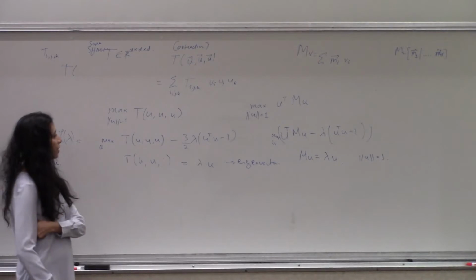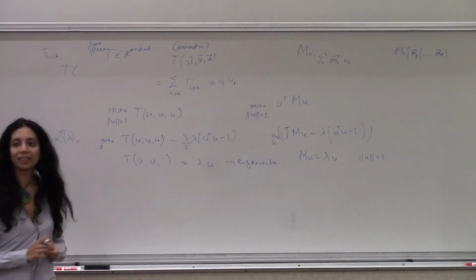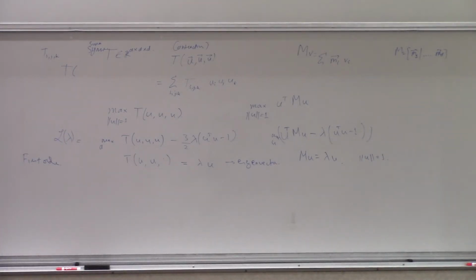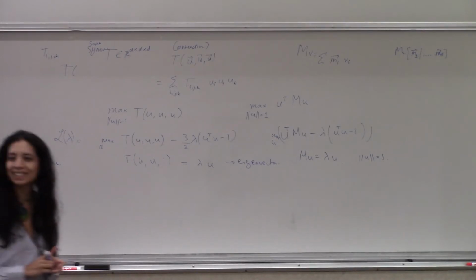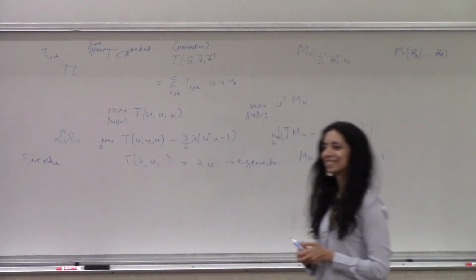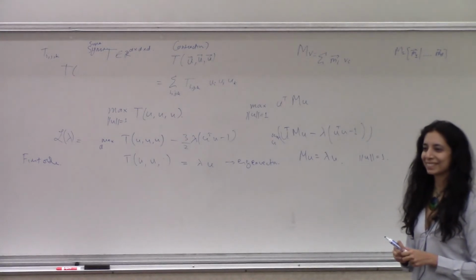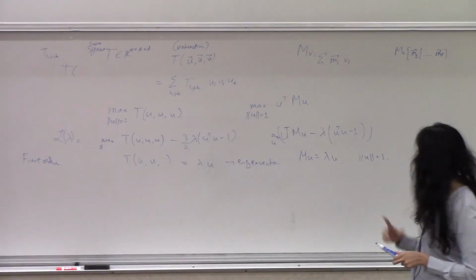So what's the main difference you see between the matrix equation and the tensor equation? Which one is harder to solve? It's hopefully obvious. If I ask you to solve this equation, why is the matrix one easy?